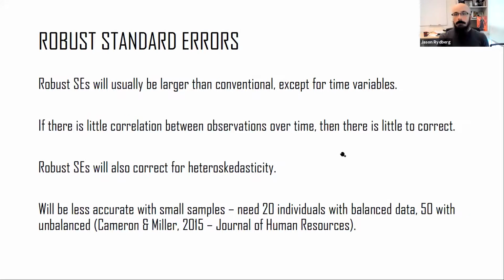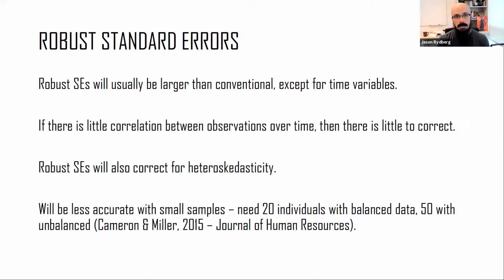Usually, when you have a correction, the robust cluster variance will be larger than the conventional variance. But if there's little dependence between your observations from time point to time point, then there's actually little to correct.